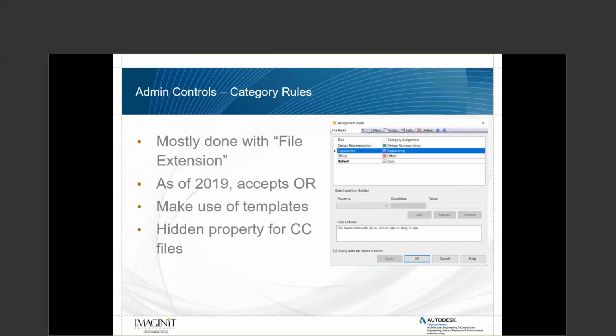If you put those properties in there ahead of time in your templates, that saves the user from having to categorize these files manually, because we're able to pick up on those properties and get those categorized the right way, so that they get the right life cycle, the right revision scheme, all the different reasons why we use categories in the first place. And also, we'll talk a little bit here about categorization for Content Center files.